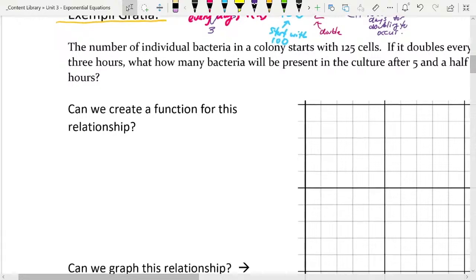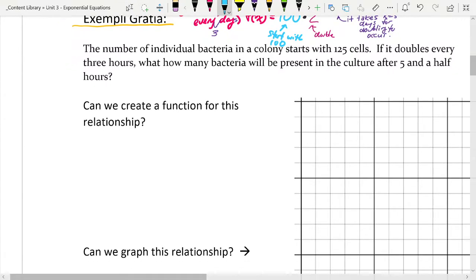Okay. So what I want to do is define a function. So let's define, and what do we want to call a function? Do we want to just call it f, or do we want p for population, b for bacteria, n for number? What do we want? C for culture? Yes. Okay, all right, C it is. C at x is the size of the culture.